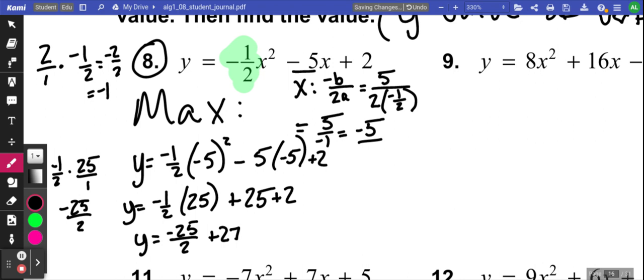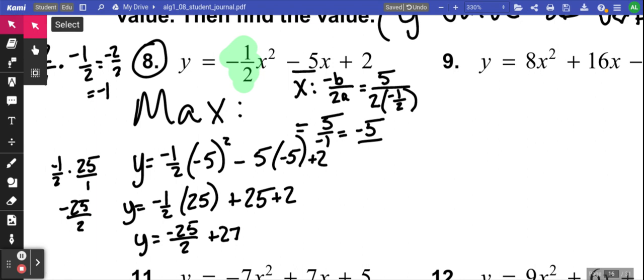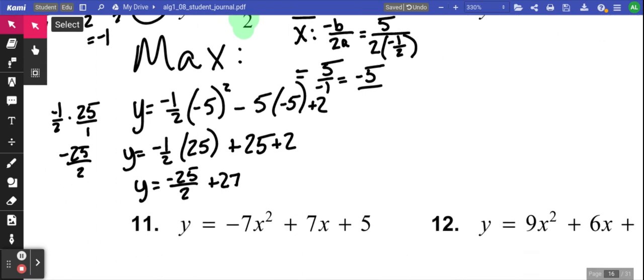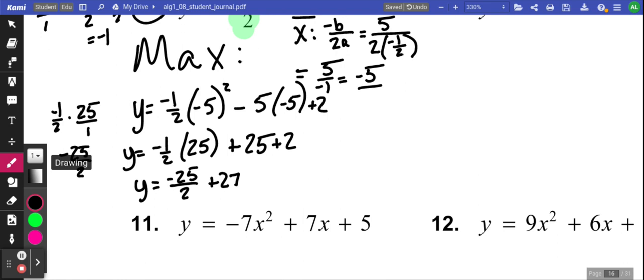If I'm trying to add 25 halves with 27, I have to change 27 to being over halves. So 27 times 2 is 54, so 54 halves minus 25 halves.